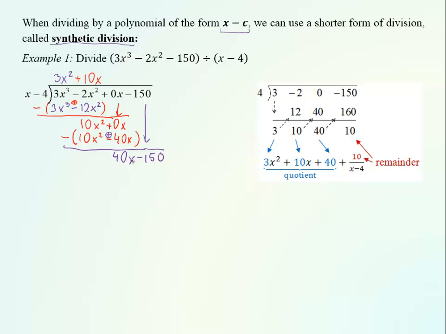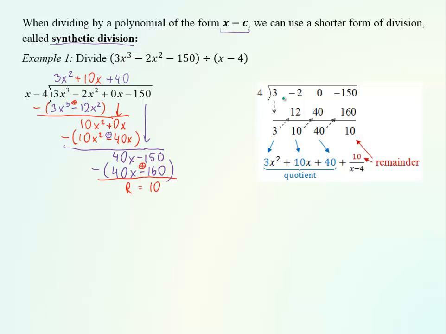X goes into 40x, plus 40, and when we multiply we get 40x minus 160. When we subtract, that becomes positive, and our remainder ends up to be just 10.